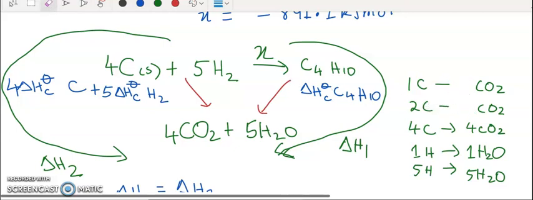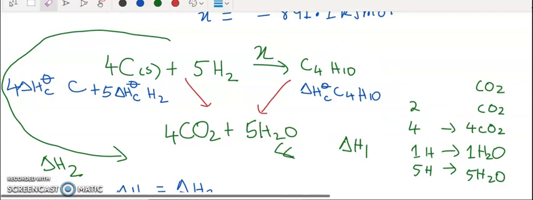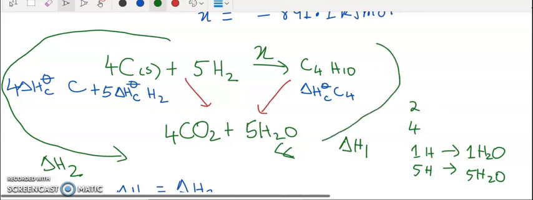Let me rub this side so that I have some space to write down. So here they're asking us to find the value of C.